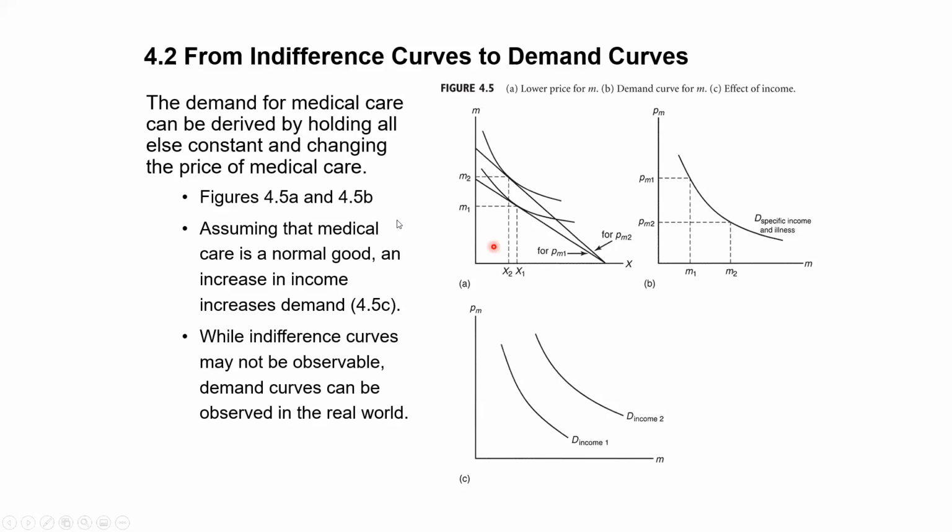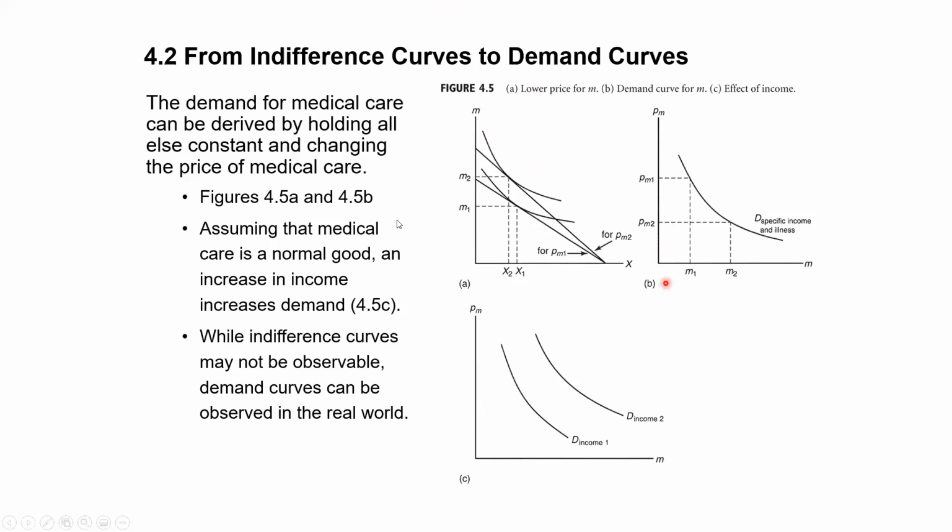The indifference curve is that combination of consumption of X goods and medical services that provides equal satisfaction. You call that your indifference curve. Now it becomes easier to measure because you can just look at the demand curves in terms of how they respond to differences in prices.